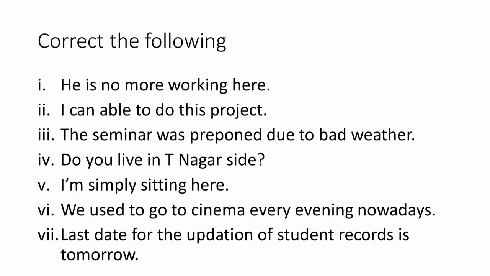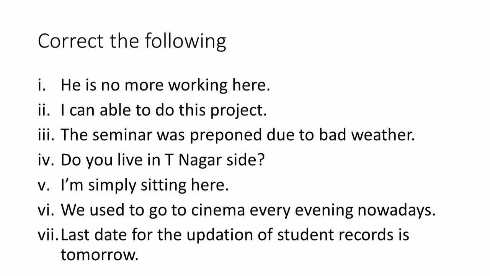He is no more working here. A better way would be, he is not working here anymore. I can able to do this project. I am able to do this project, or alternatively you can say I can do this project.